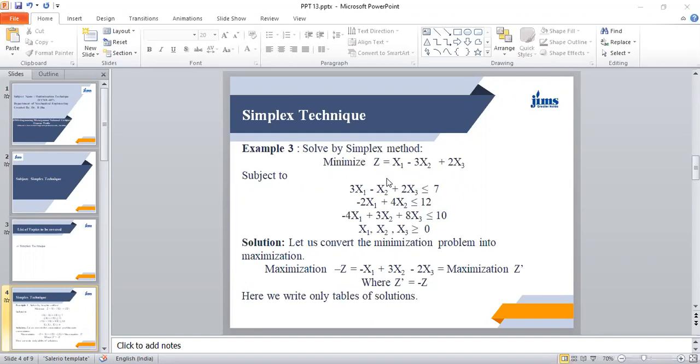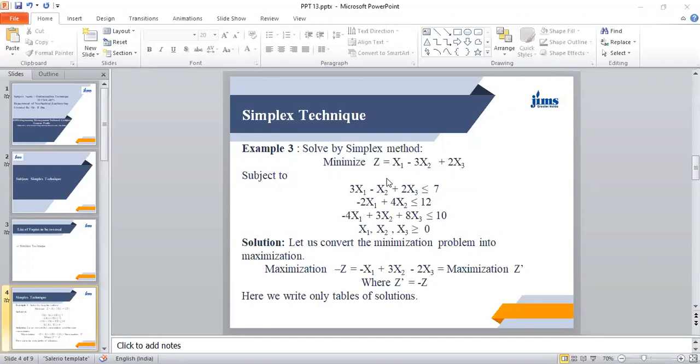As I have told you several times in the past, to solve any problem by simplex technique, there are two prerequisites. Two conditions must be satisfied before we start solution of the problem by simplex. Number one, all the values on the right hand side of the constraint equations or inequations should be positive.